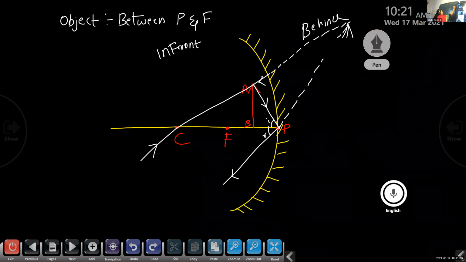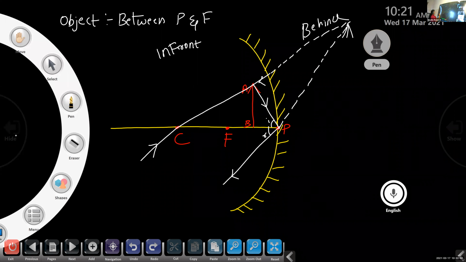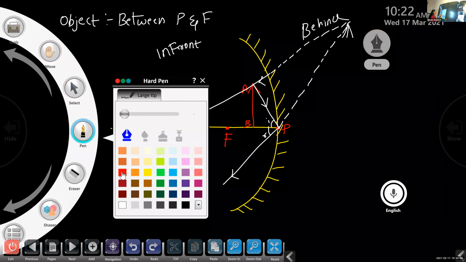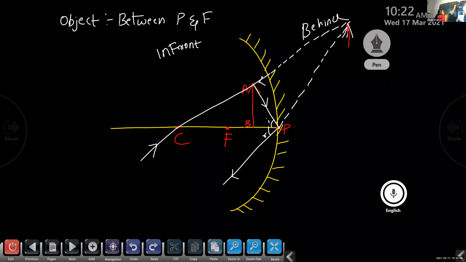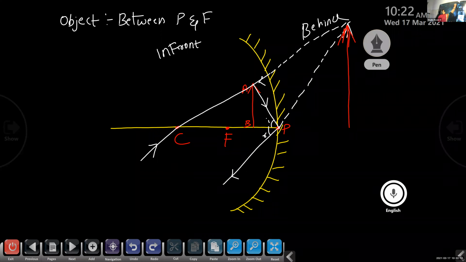Okay, I will draw it once again. Where do we get the image? We get the image behind the mirror, and it is like this. When we get the image behind the mirror, it is virtual and erect.